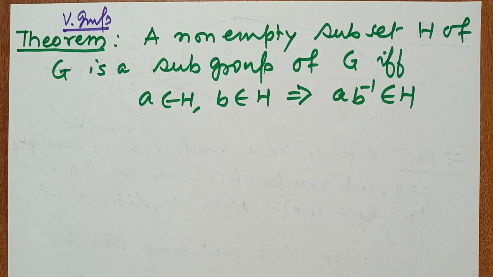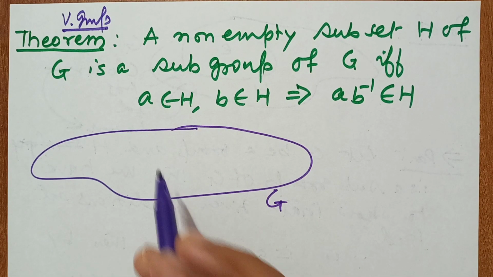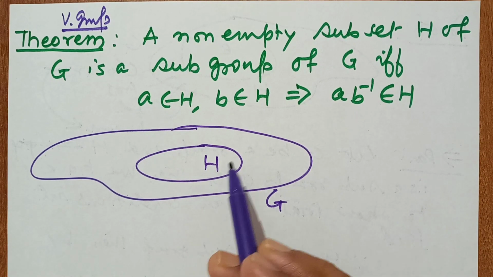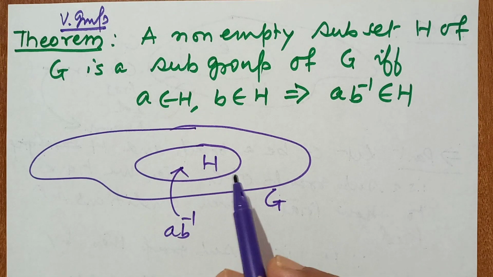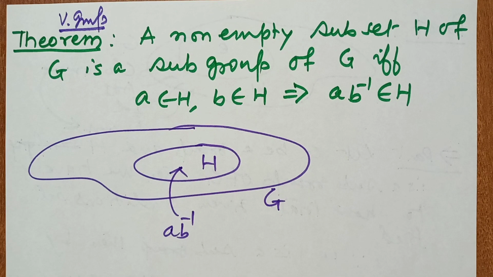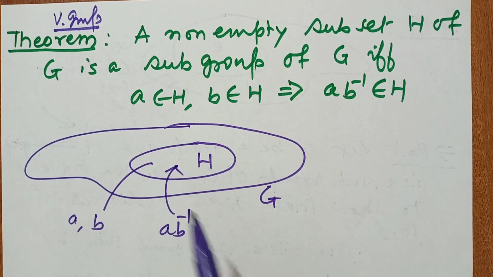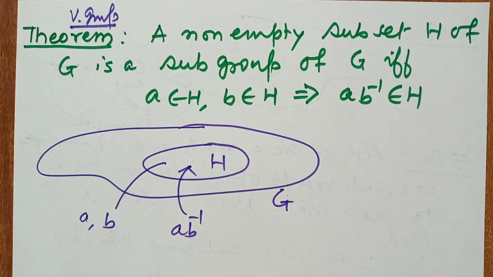The theorem is: let G be a group, and H a non-empty subset of G. Then H is a subgroup of G if and only if AB inverse belongs to H. It means if H has only one property, that for any two elements A and B belonging to H, AB inverse belongs to H, then H is a subgroup. This is very useful in the whole subgroup topic as well as group.